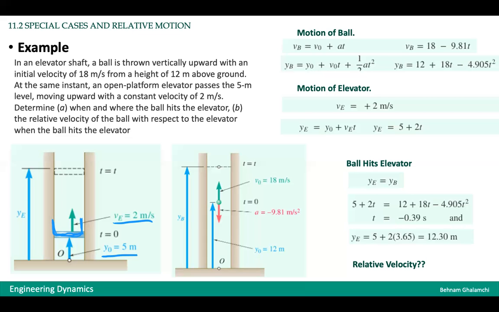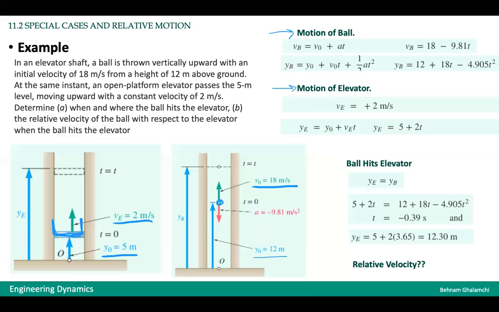At the same time, we have a ball located at 12 meters above the ground. We threw it upward with an initial velocity of 18 meters per second. You see these two particles are moving independently, so we are able to study the motion of the ball and the elevator independently.